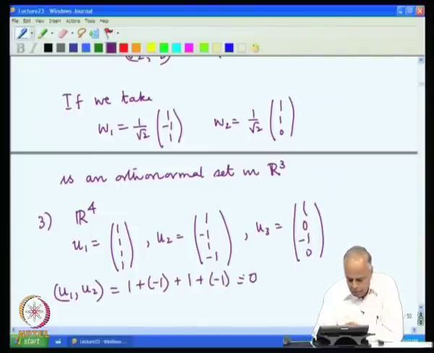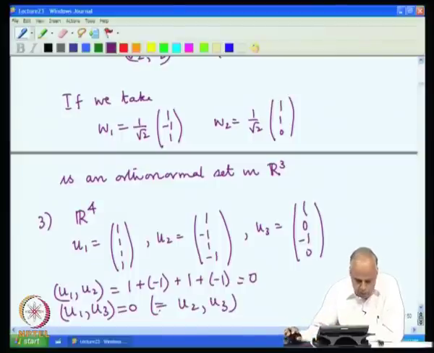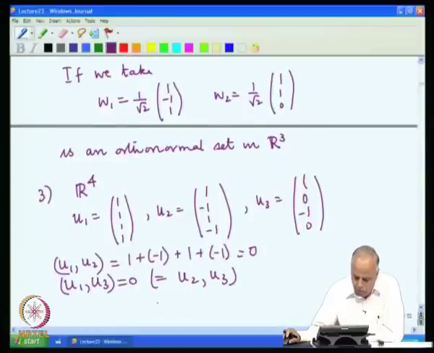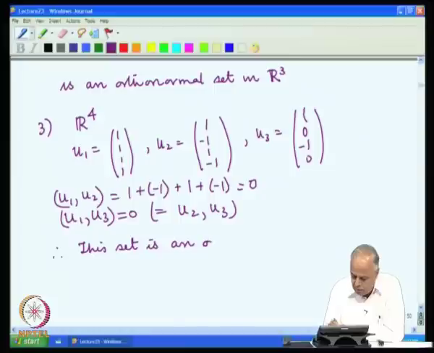Therefore, u_1 is orthogonal to u_2. Similarly, u_1 is orthogonal to u_3 and u_2 is orthogonal to u_3. So these u_1, u_2, u_3 are orthogonal to each other, and therefore this set is an orthogonal set.